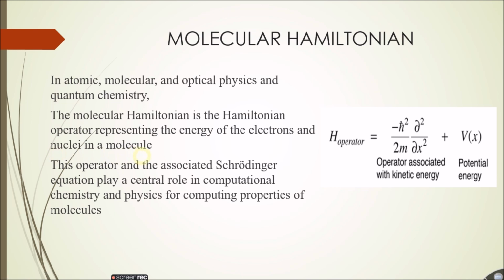We know that a molecule consists of electrons and nuclei only, right? So all its energy is calculated, and that information is obtained only from the Hamiltonian operator. You can have the formula over here: H operator is equal to the operator associated with kinetic energy plus potential energy.